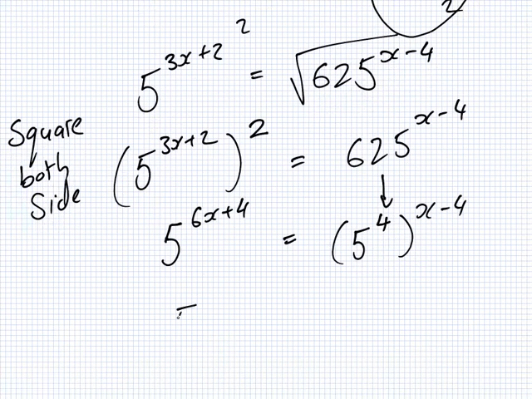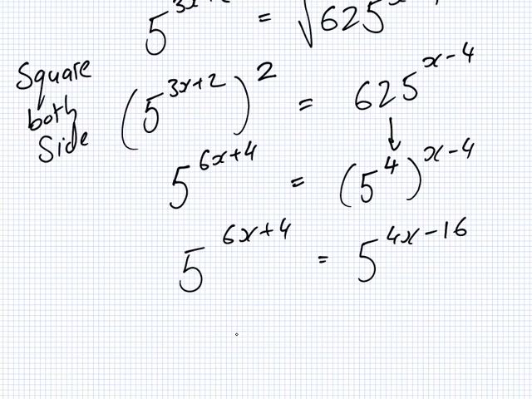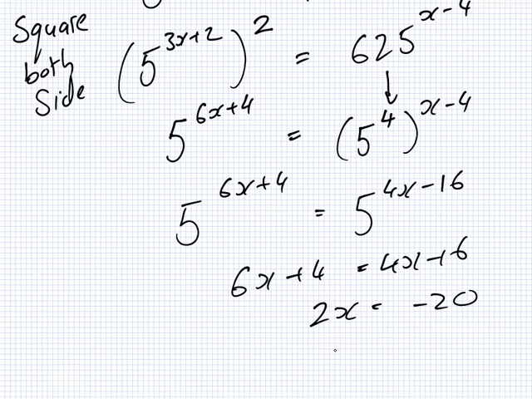So now I get 5 to the 6x plus 4 equals 5 to the 4x minus 16 when I multiply by 4. So I get 6x plus 4 equals 4x minus 16. So I get 2x equals minus 20. So x equals minus 10 for this one.